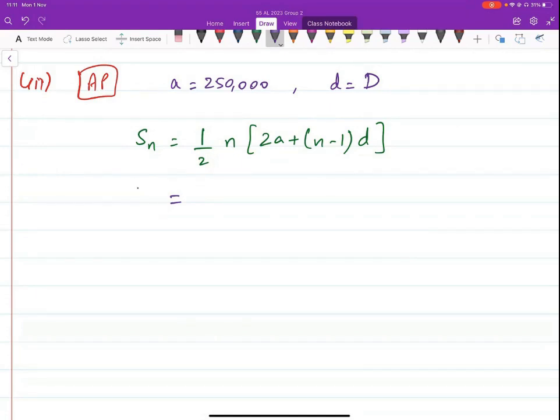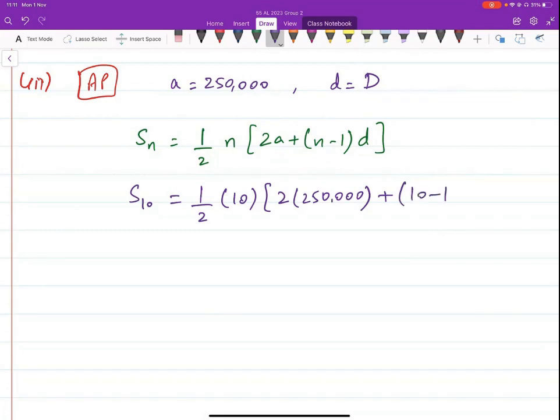So n की value 10 है. That's S10 equals half into 10, 2 into A is 250,000, plus n minus 1, again, that's 10 minus 1 times the difference. The difference is D. This is what we've got. That's the sum of this AP.